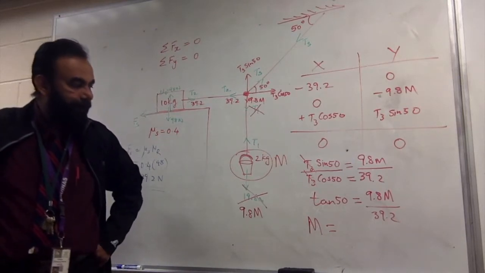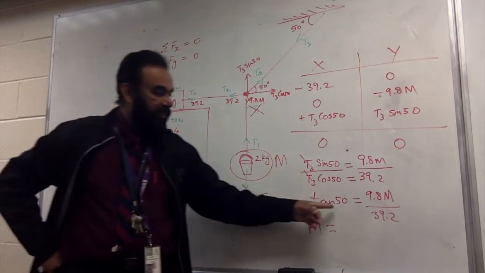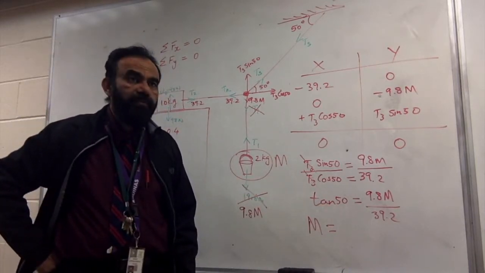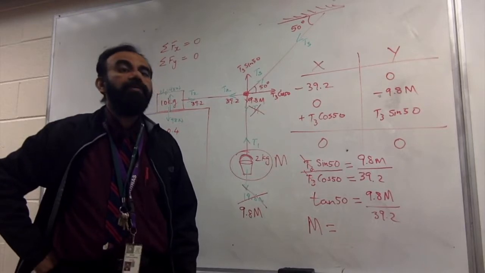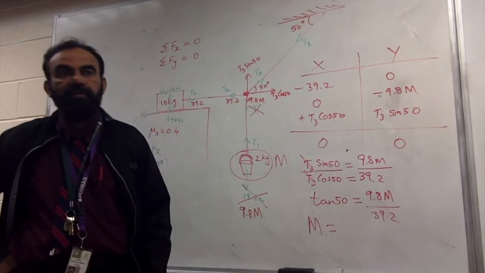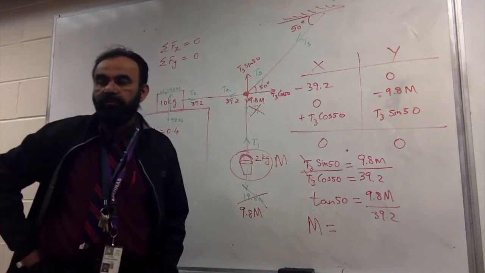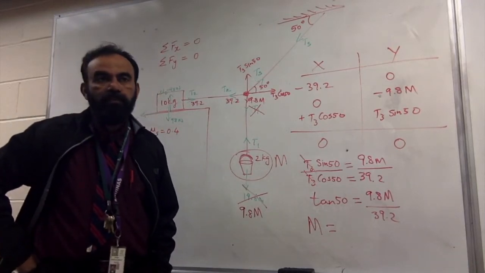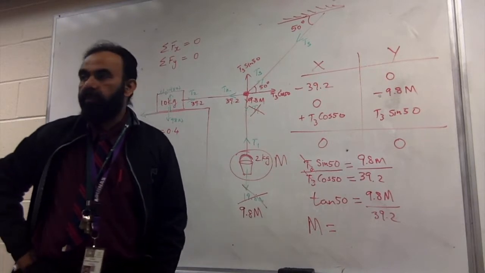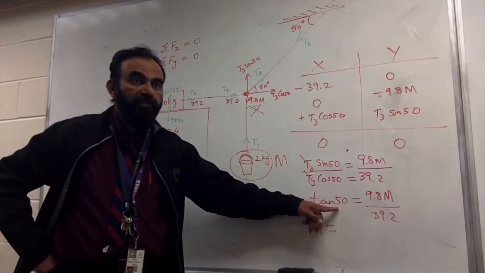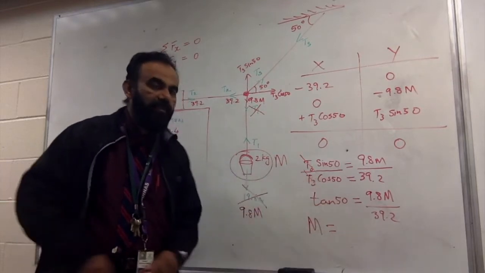Figure out m. So tan 50. Make it degree mode. Tan 50 is always going to be more than 1, because tan 45 is 1. The answer? 4.77 overall.